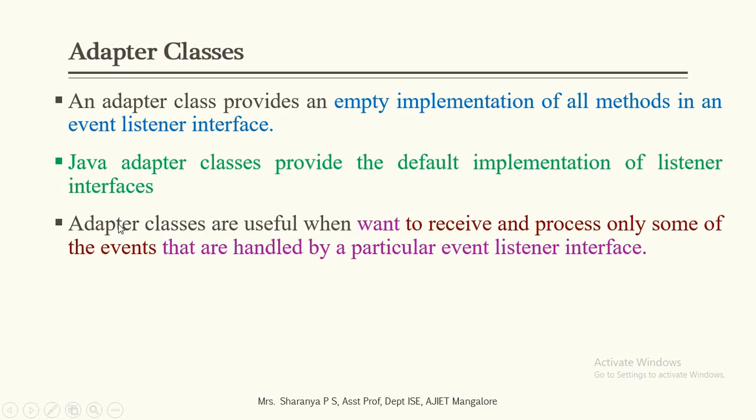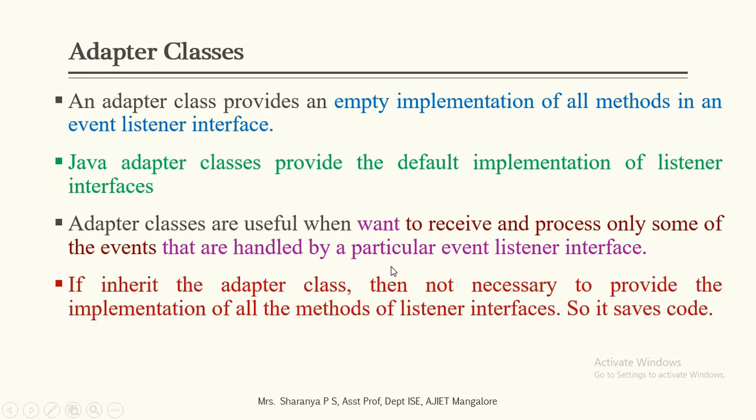That is, the adapter class is much more useful when we want to receive and process only some of the events that need to be handled by a particular event listener, and we need to ignore the other kinds of events. And here it inherits the adapter classes, but it is not necessary to provide the implementation of all the methods of the listener interface.